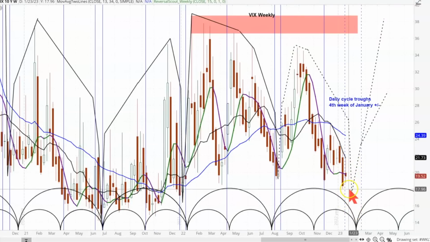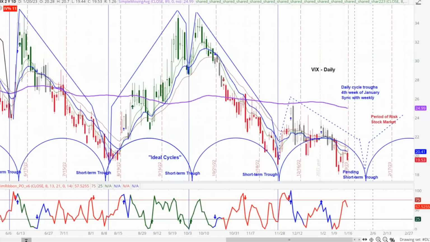And we had talked about this coming in somewhere around the mid to end of January and potentially leaking into February, where the low in implied volatilities would come. Now, when I look at the daily chart, that tells me that the bottom in implied volatilities is really coming in between these two cycle timing lines that you see right there and right there.